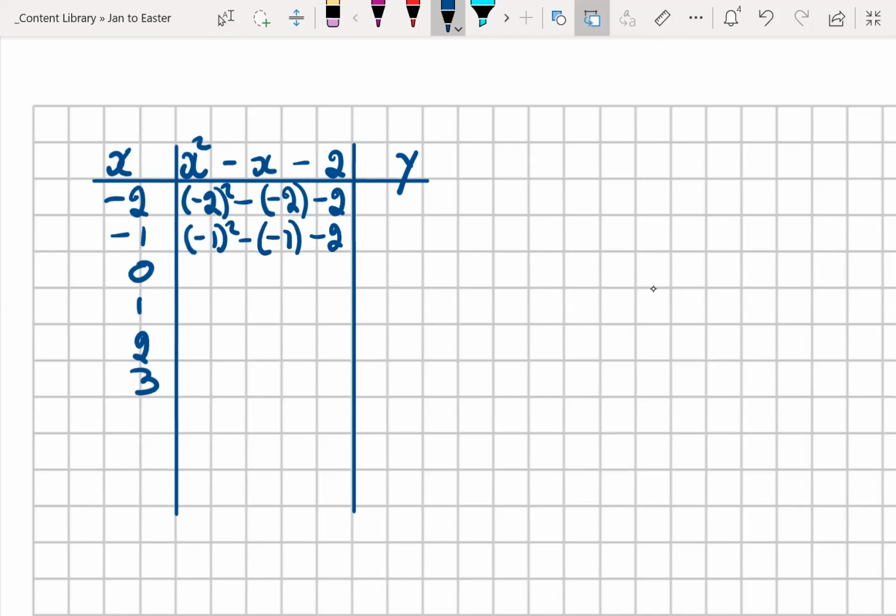Then we get our calculators to help us with this. So I'm just inputting the domain, the numbers, the inputs, the x values, whatever you want to call them. And finally, the 3 will be the last one.